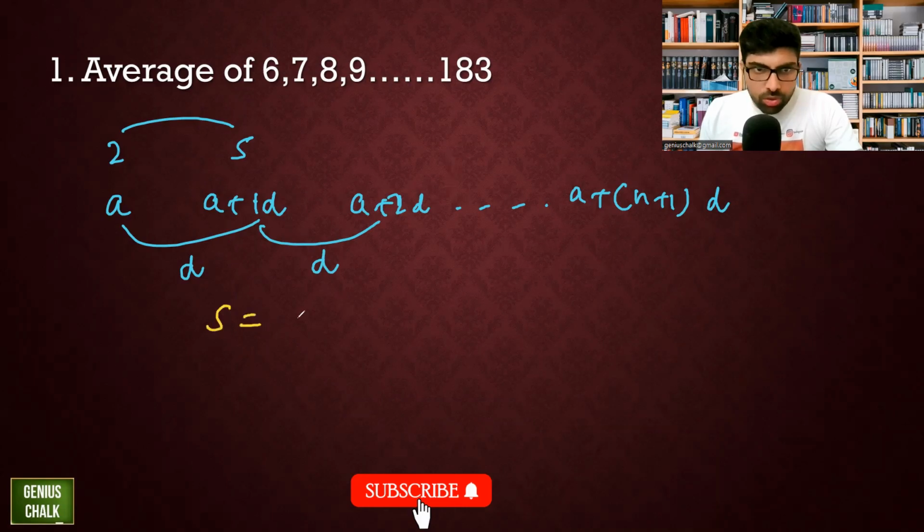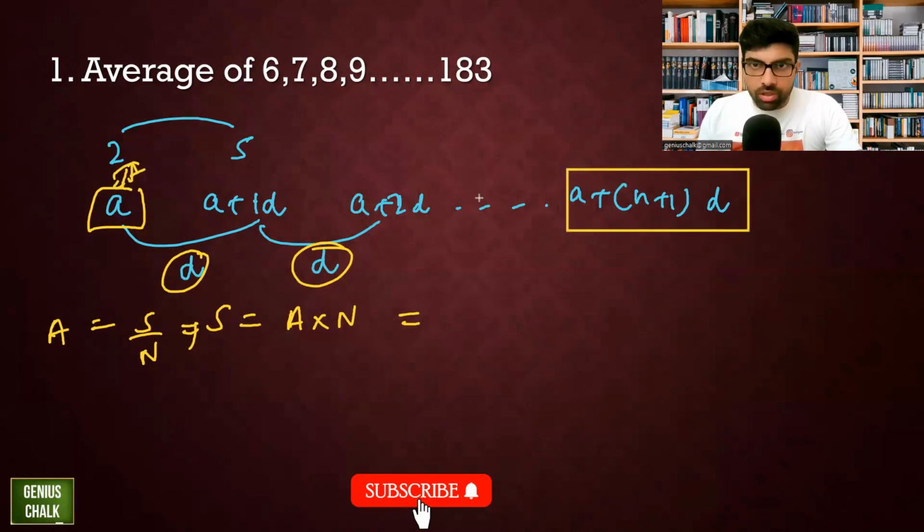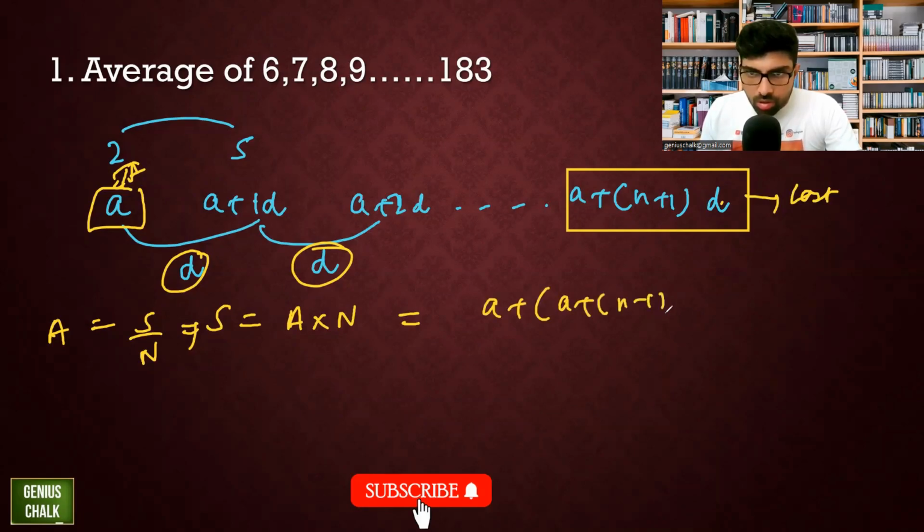The sum is equal to average into number of things, because you know that average equals sum by number of things, so sum is average into number. What is the average for an AP, or the same difference? That means first term plus last term, so first plus last, and then by 2.